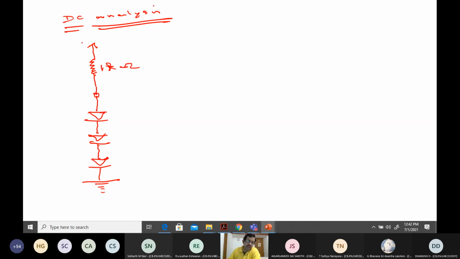So 1 kilo ohm is there and this is 10 volt. To do this analysis, we know the nominal voltage drop here by the constant voltage drop model will be 2.1 volt across the diodes.